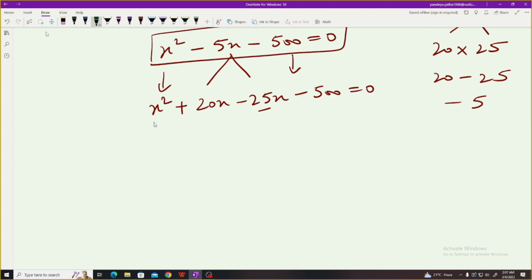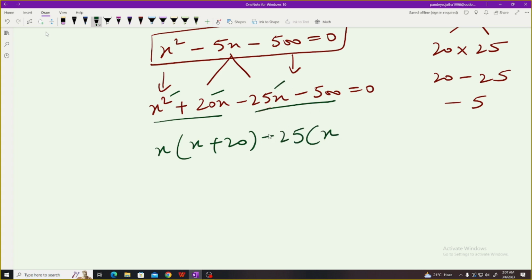From these two terms we find x as common. From the first term we are left with x, and from the second term we are left with 20. Again from these two terms we find minus 25 is common. From this term x is left, since minus is taken out, this negative becomes positive, and here we are left with 20.